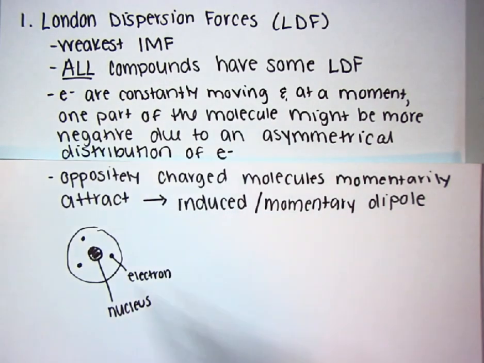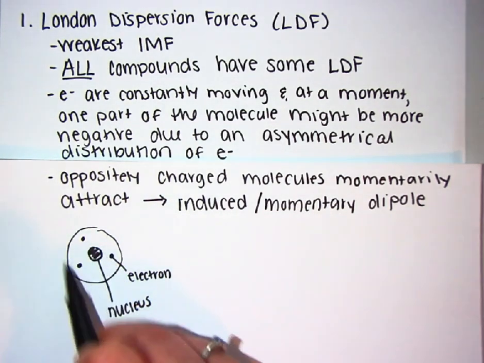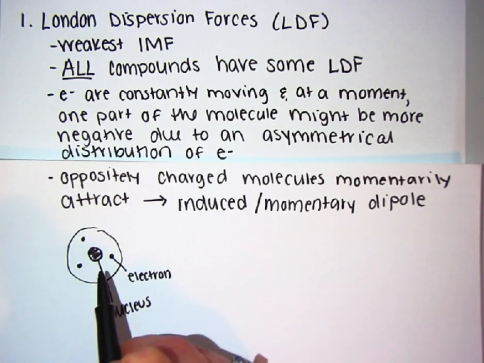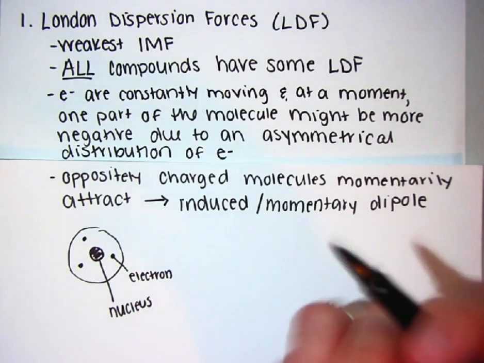So what happens is these electrons are going to be moving in the electron cloud, orbiting the nucleus, moving around the nucleus within their orbitals.